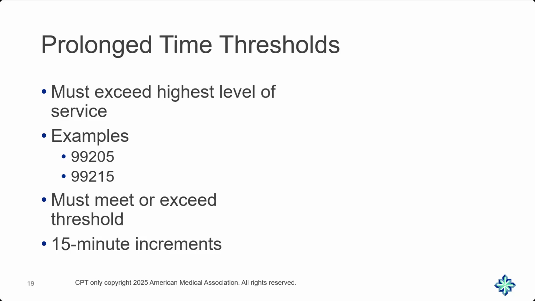And for the 215, it's going to be 40 minutes. After that, you can bill multiple units of prolonged codes in 15-minute increments, but you have to meet the entire 15-minute increment. You're also going to need to meet the threshold set by CMS, and we're going to go into that here in just a second.